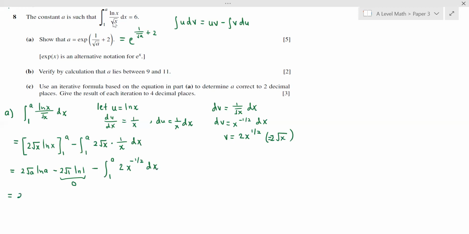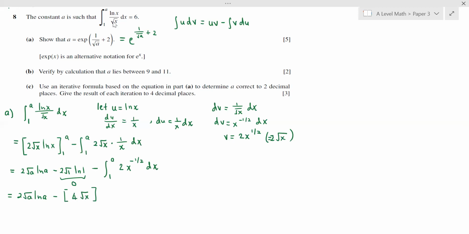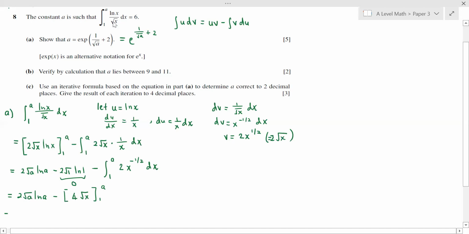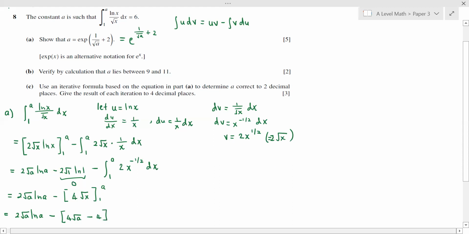So that will give us 2 square root of a ln a minus. When we integrate this, we have 4 square root of x from 1 to a. Then this is 2 square root of a ln a minus 4 square root of a minus 4 square root of 1, which is 4, which will give us 2 square root of a ln a minus 4 square root of a plus 4.